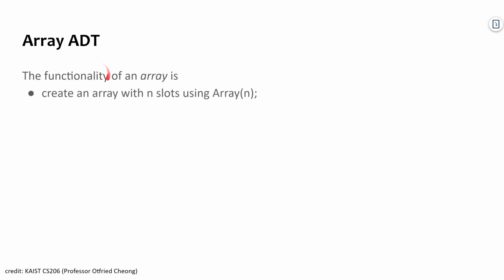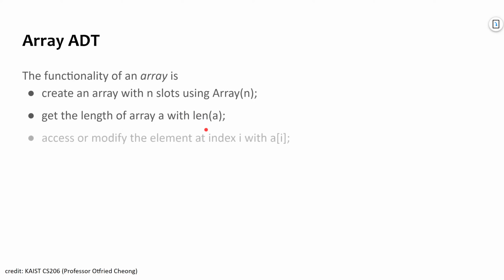And the functionality of an array, first of all, we need to be able to create an array with n slots using array(n). This means we first need to specify how much memory space we are going to use for this array. And we can get the length of an array with this len function or len method.